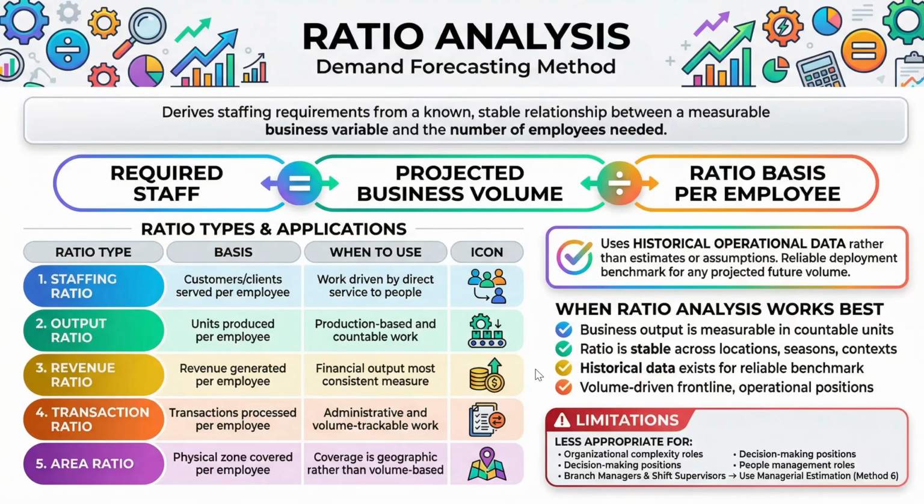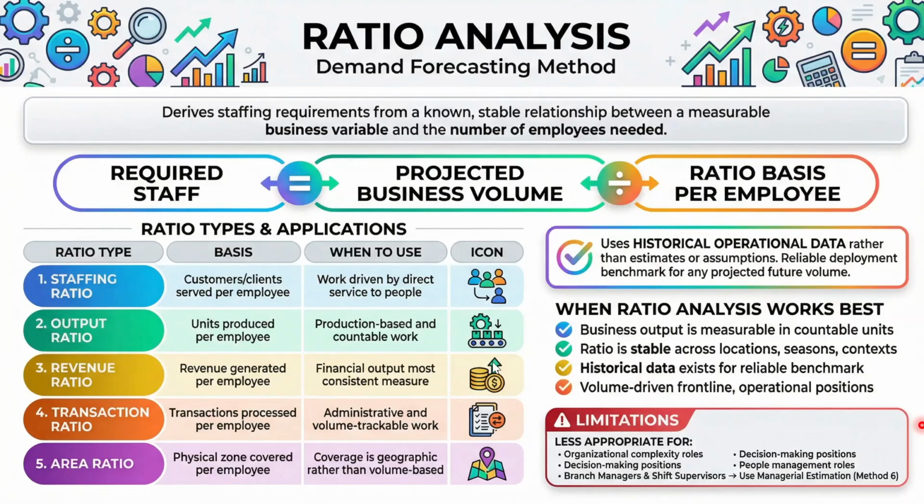Okay, very simple logic in here. Ilan yung ating required staff equals the projected business volume divided by the ratio basis per employee. So you have to identify first a measurable business variable, establish the ratio per employee, and apply it to our projected volume. So there are 5 types of ratio.